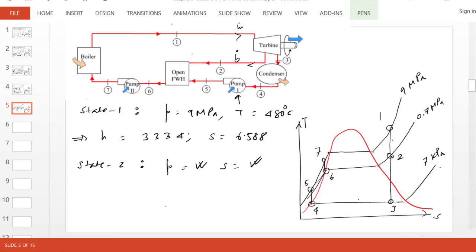So what we do, we know the pressure, so we can find sf and sg, and we can prove that s2 is bigger than sg, then it's superheated vapor, and therefore we can go to the superheated table, find the pressure table, and then find the entropy that corresponds to 6.588, that row, and from there we figure out what enthalpy is, and it turns out to be 2711.